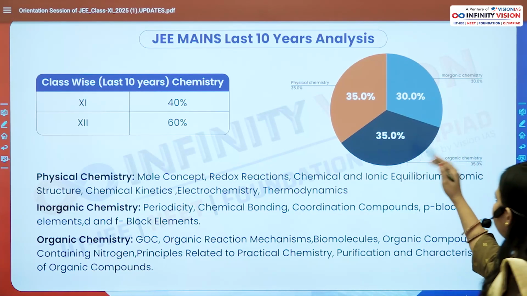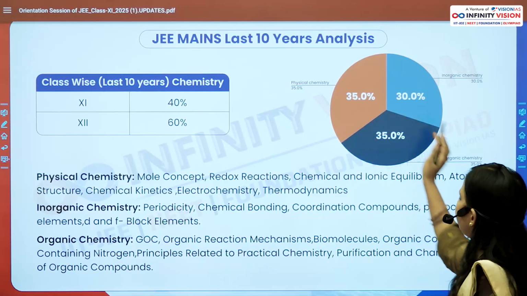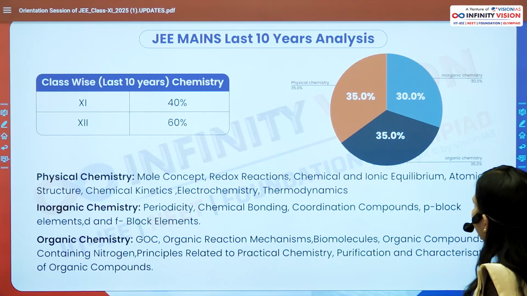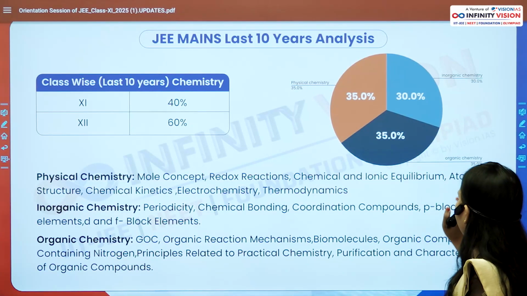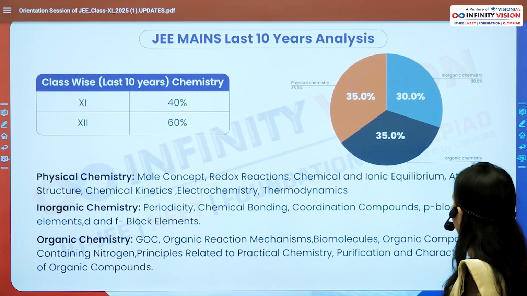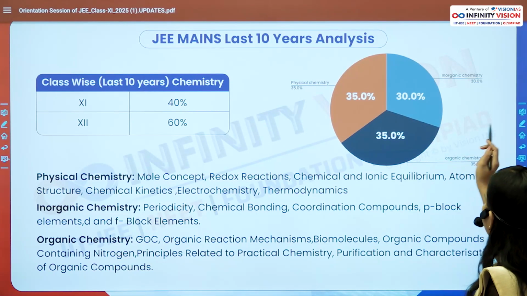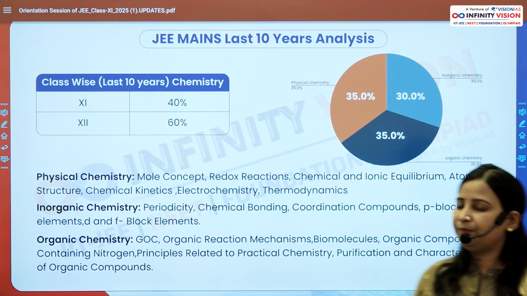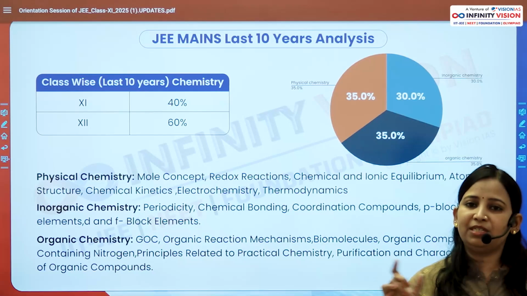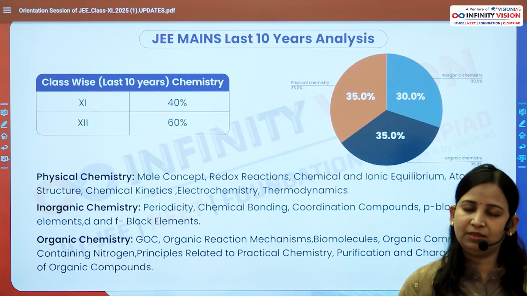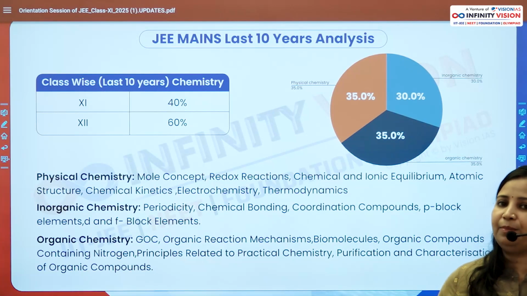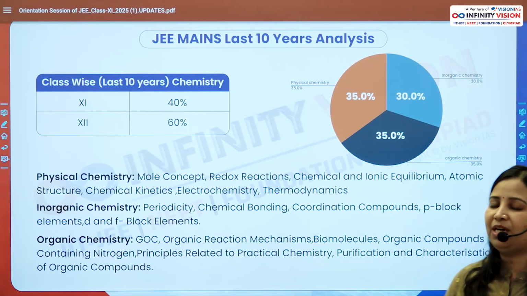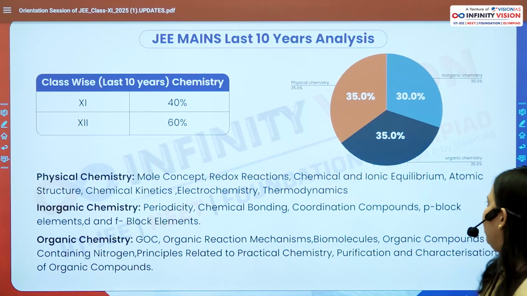Now if we see the percentages asked from the different branches of chemistry, that is inorganic, organic and physical chemistry, both physical chemistry and organic chemistry each comprise 35%, and inorganic chemistry is asked around 30%. In further years, since the inorganic chemistry portion is quite reduced, the percentage will further decrease for inorganic chemistry, and mostly questions will be asked from physical chemistry and organic chemistry.